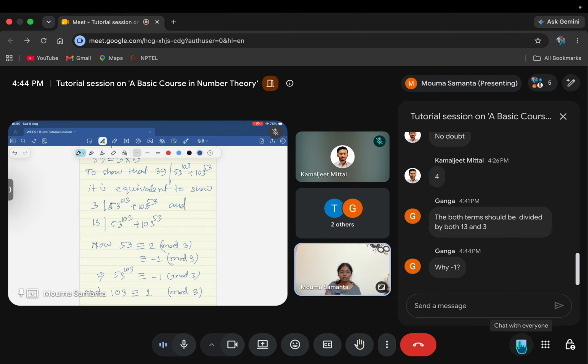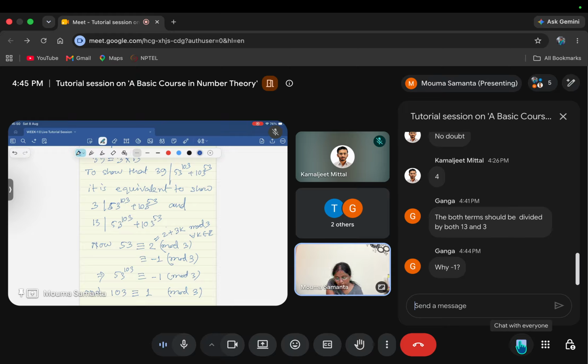When you are taking mod n, you can say 53 is congruent to 2 plus 3k mod 3 for all k belongs to Z, because 3 always divides 3k. So this 3k will not matter if you add 3 or subtract 3 or some multiple of 3.